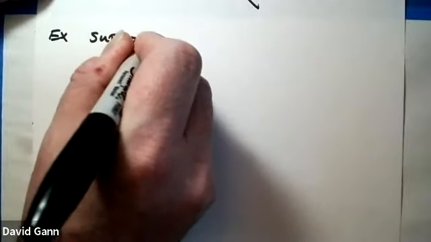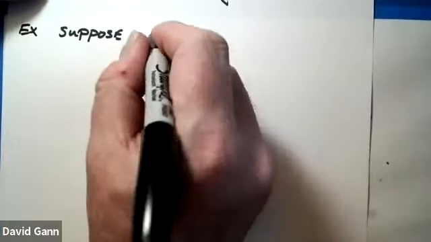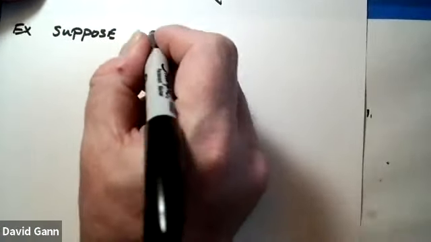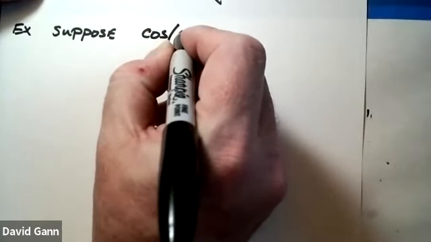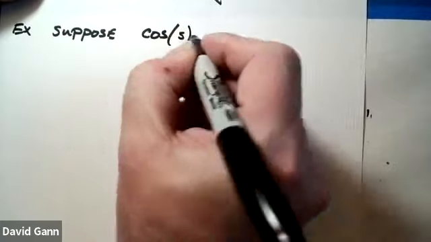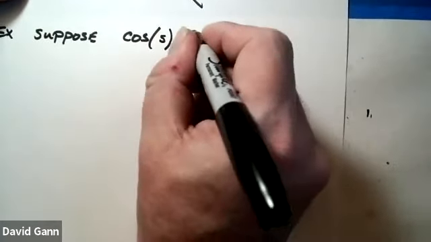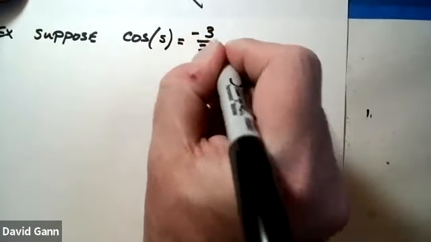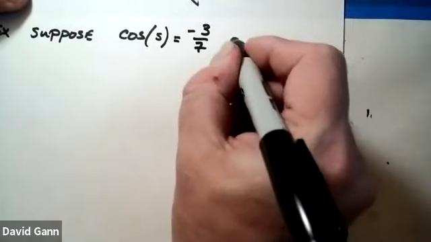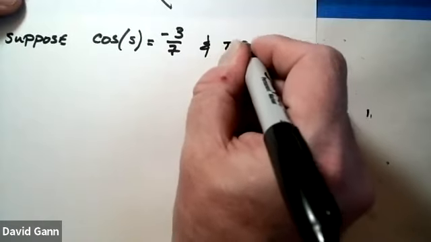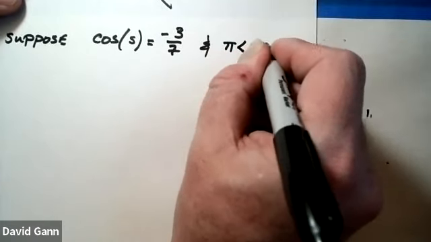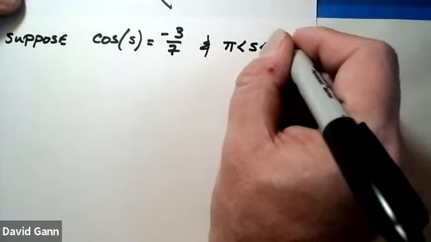Suppose, and maybe I'll mix up the argument, suppose cosine of the angle S is equal to -3 over 7, and S is between pi and 3 pi over 2.